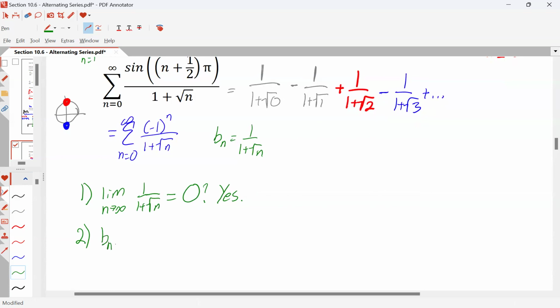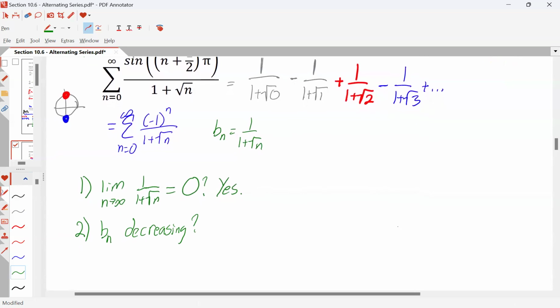Is b sub n decreasing? We could use the first derivative test here. I would encourage you to practice that. I am going to show that same method that we used on the alternating harmonic example, though, where we say, I am looking at the next term in my sequence. I know n plus 1 is bigger than n.